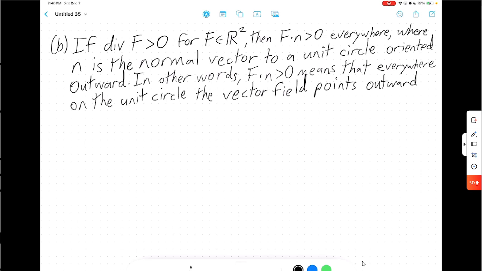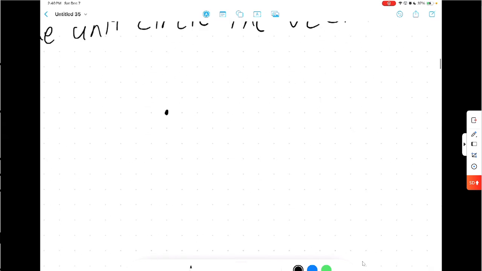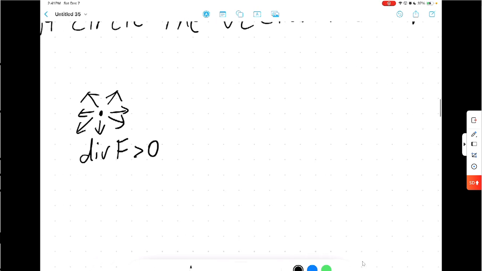Can you show that visually? Yeah, sure. If div f is bigger than 0, we'd have something like this all around the vector field, where essentially more is flowing out than is flowing in. Here, nothing is actually flowing in, everything's flowing out.